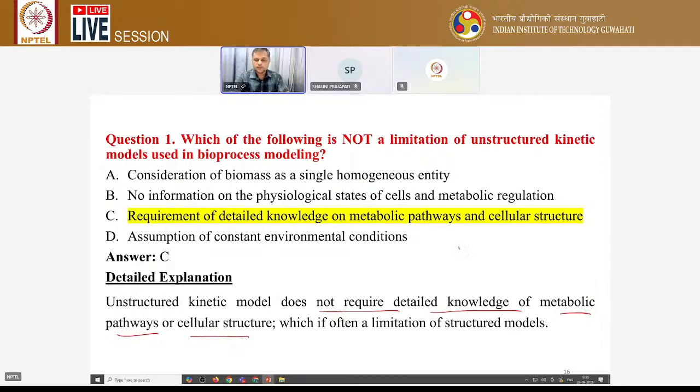It means it treats the cell as a black box. There is some inlet and some outlet. Substrate is coming, and it is converted to product. So detailed knowledge of metabolic pathway and cellular structure is not required in the case of the unstructured kinetic model.